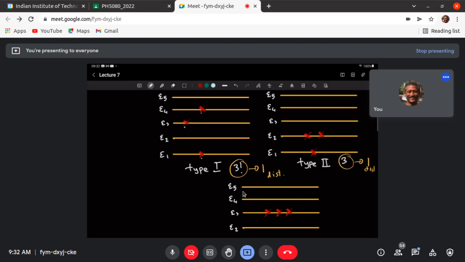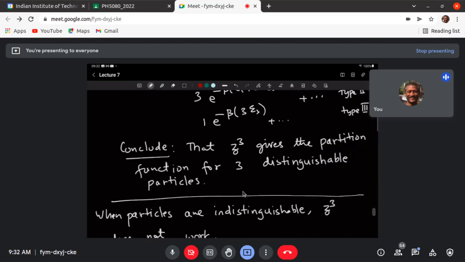Yes. Okay, good. So all I'm saying is that Z cubed worked very nicely if they were distinguishable.